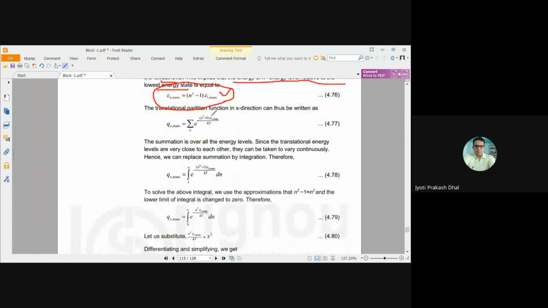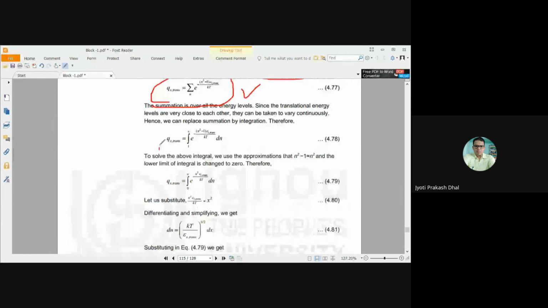So the translational partition function in the x direction can be written as qx translational equals the summation of e to the power minus (n square minus 1) whole into epsilon 1 translational divided by kT.